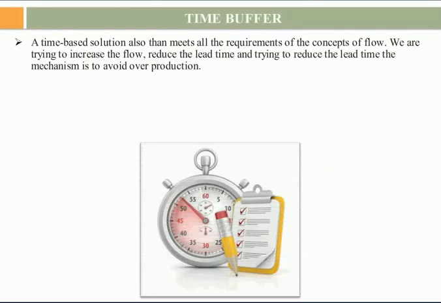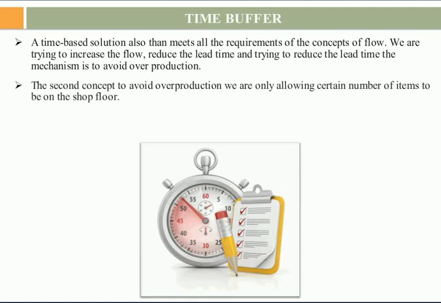A time-based solution also then meets all the requirements of the concepts of flow. We are trying to increase flow and reduce lead time, and in trying to reduce the lead time, the mechanism is to avoid overproduction. The second concept: to avoid overproduction, we are only allowing a certain number of items on the shop floor, or we are making sure that we do not release too much and much ahead of time.